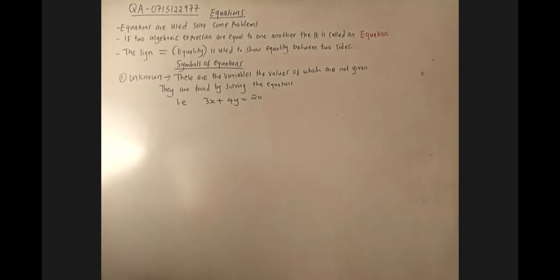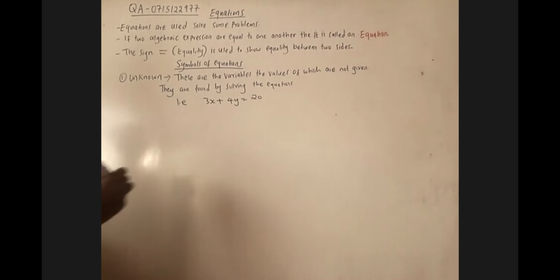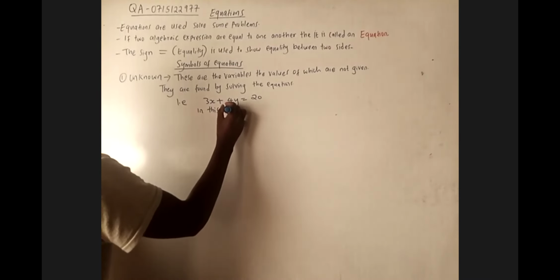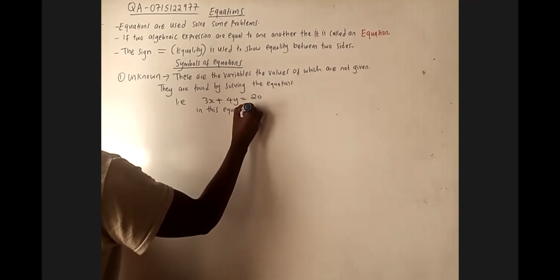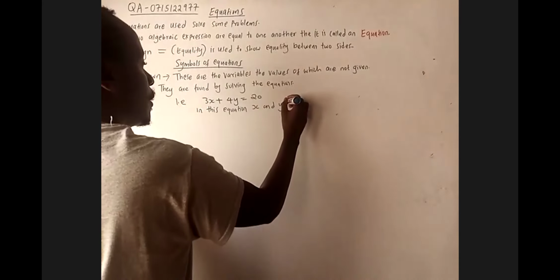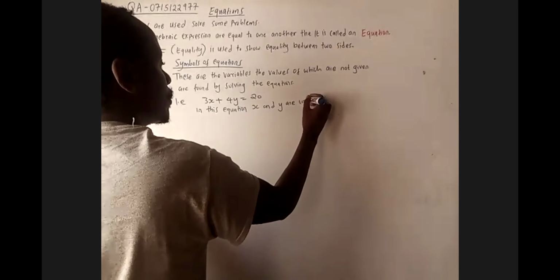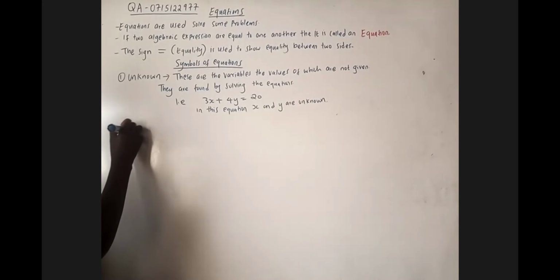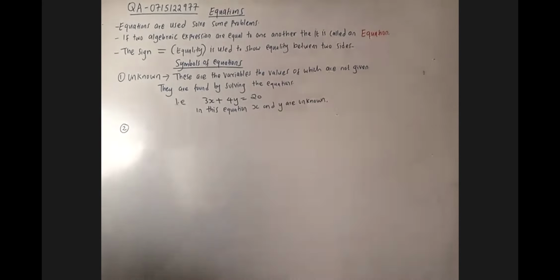The unknown values here are x and y. That is number one: x and y are unknown.